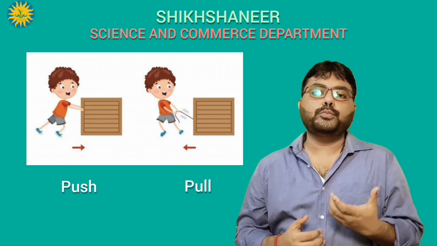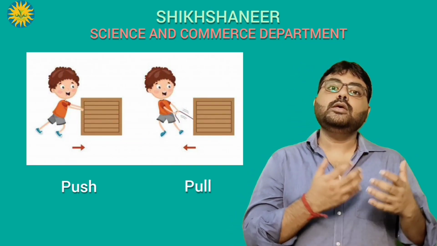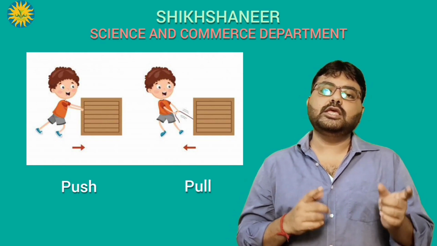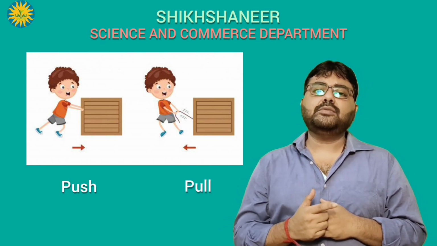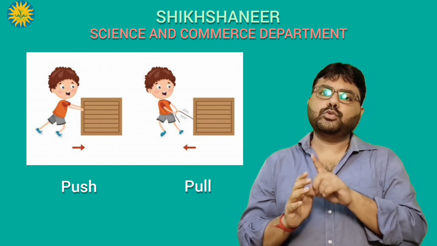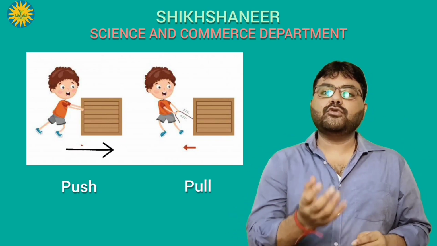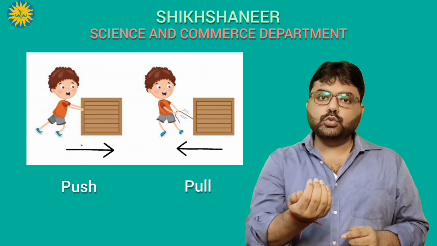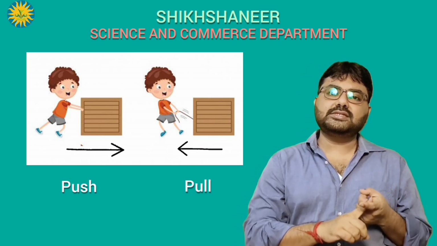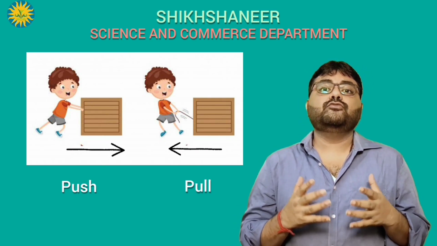So if we pull or push an object, it will move in the direction in which the force is applied. If we push an object, it will move in that direction only, and if we pull an object, it will move towards me. That is, it maintains the direction in which the force is applied.